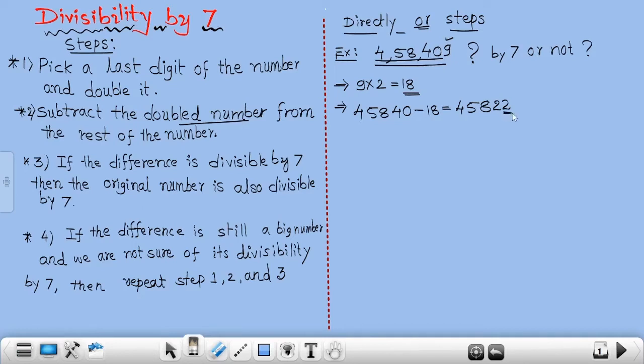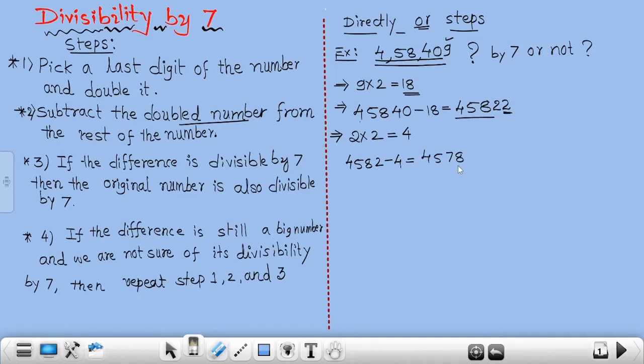The last digit is 2, so we double it. 2 2s are 4. We subtract this 4 from the remaining number, that is 4,582 minus 4. How much do we get? 4,578.